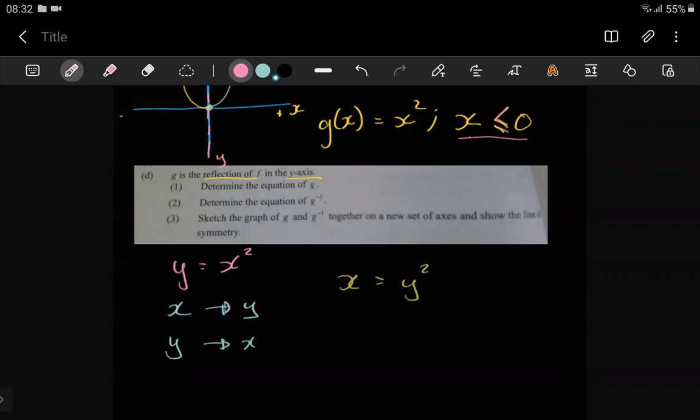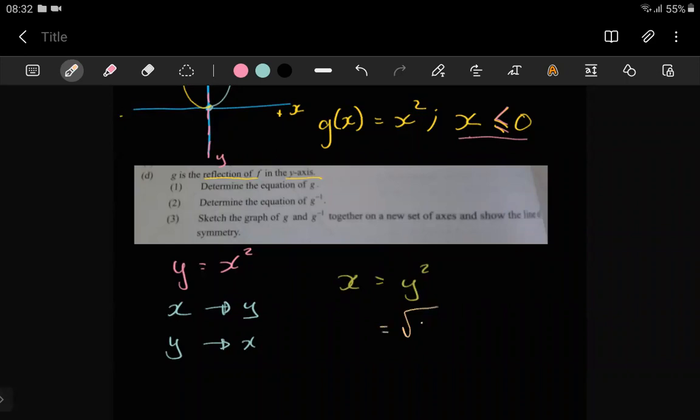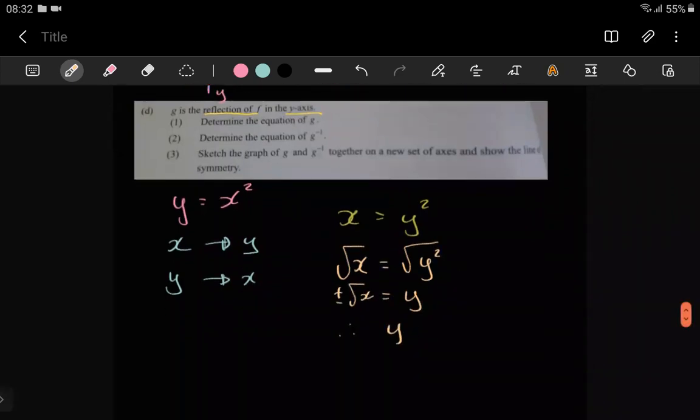Then we need to square root both sides. So you square root the y here, square root the x there. Then you have y is equal to plus or minus square root of x, and you have to choose one. So here we're choosing the one with a negative x, for the inverse.